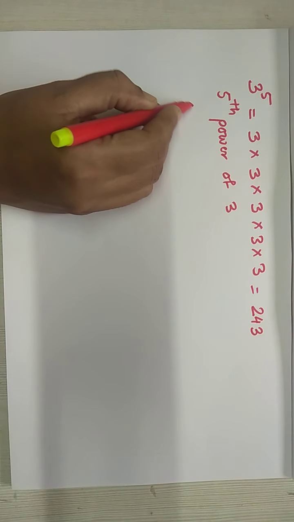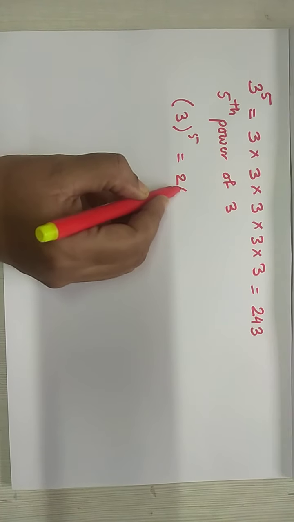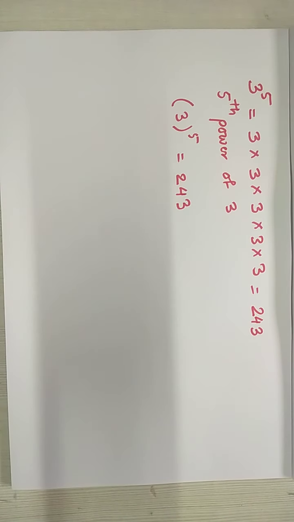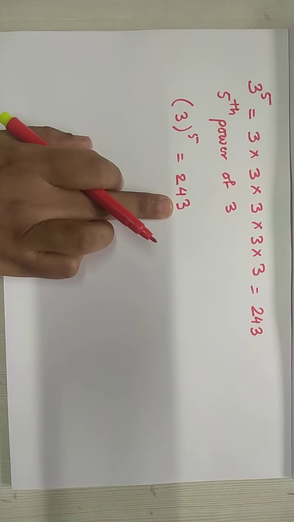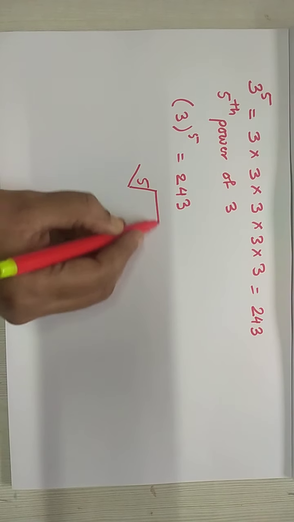So we can write 3 raised to 5 is 243. Okay, now let's write this full expression using the root sign, that is the inverse. Now this fifth power will go on the other side and it will become fifth root.